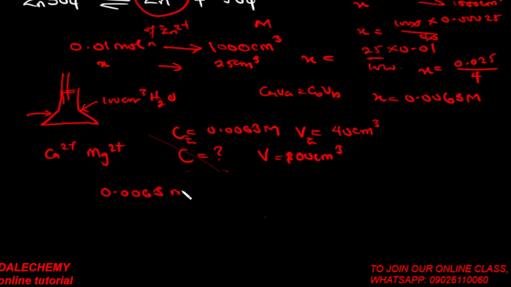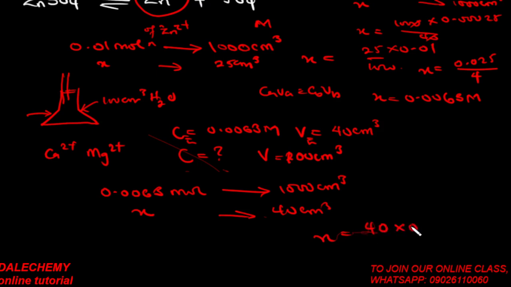So I'm going to say that 0.0063 mole of this EDTA is present in 1000 cm cube. That's just the meaning of this. Then how much will be present in 40 cm cube? So X will be equal to 40 times 0.0063 over 1000.